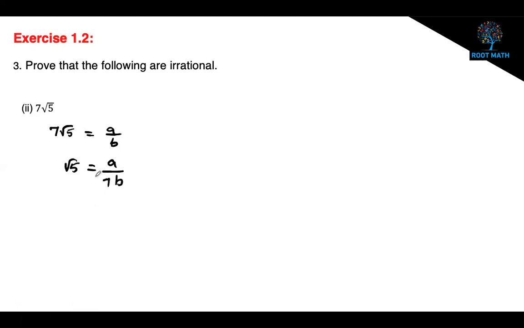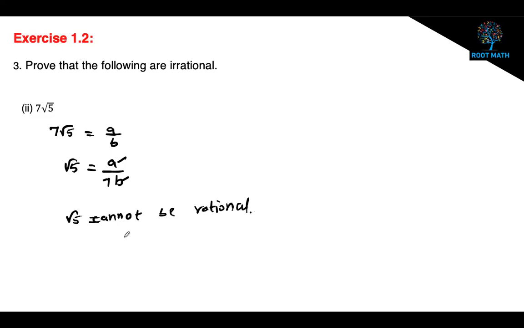7b. Here a and b are integers, therefore a by 7b is a rational number, but root 5 cannot be rational. Root 5 is irrational, so root 5 cannot be rational.